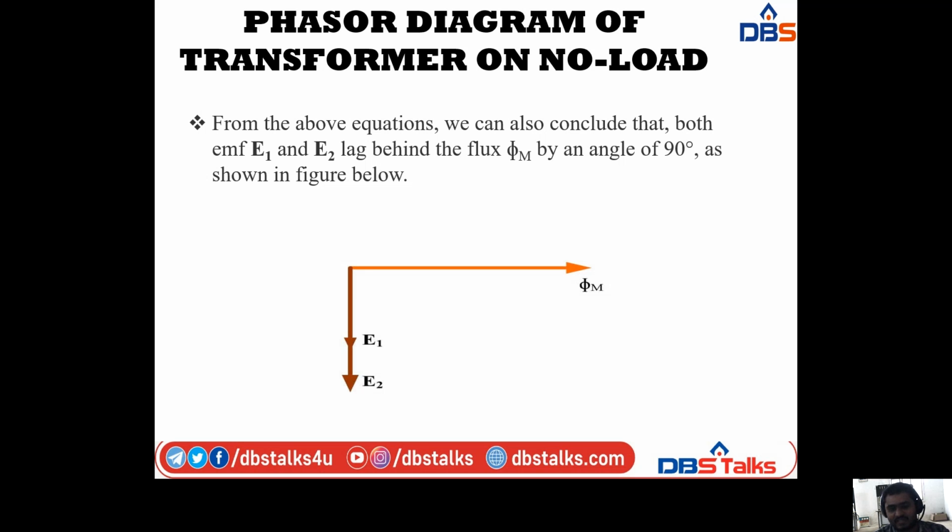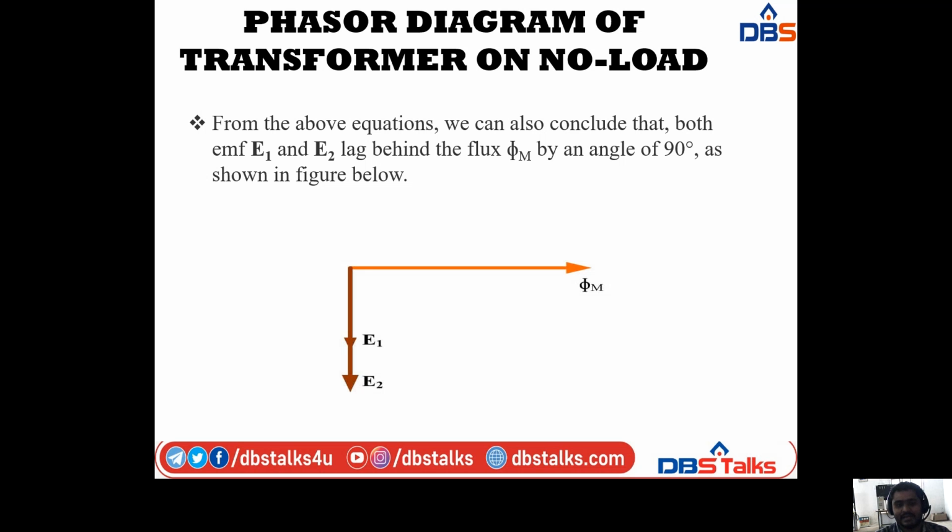I will draw this phi m line first, and next the E1 and E2 lines are added to it. Here E1 and E2 are both in the same phase, that means both are in the same line. But the E1 and E2 lag behind the flux by 90 degrees, exactly 90 degrees, that is perpendicular to each other.